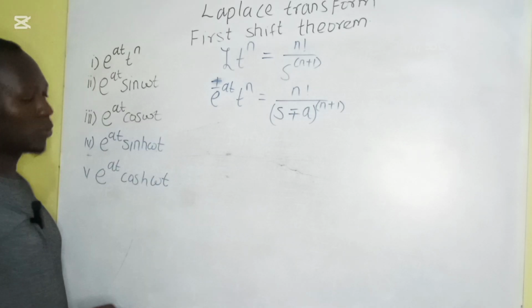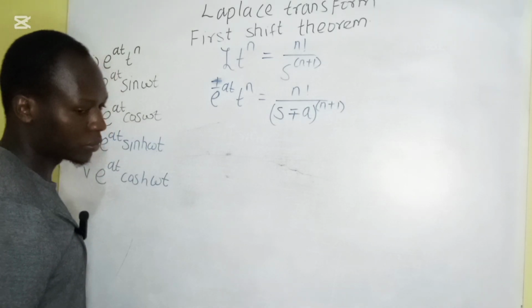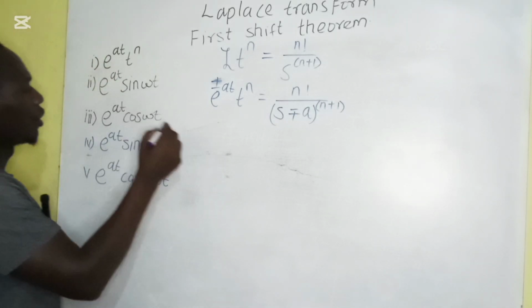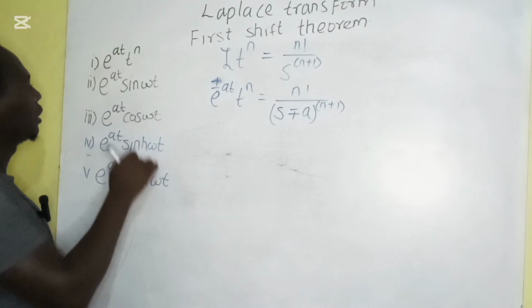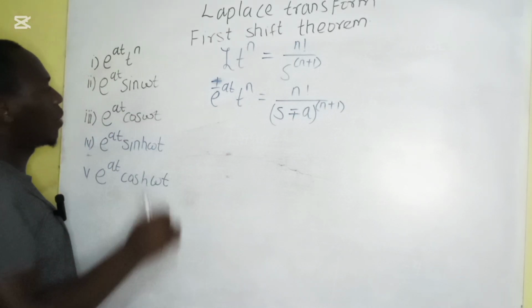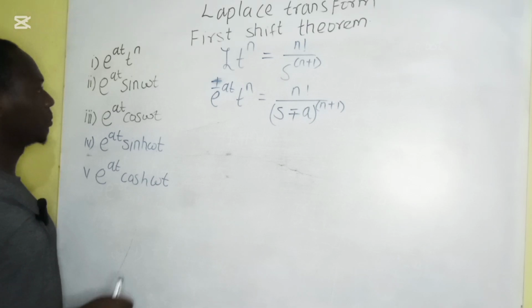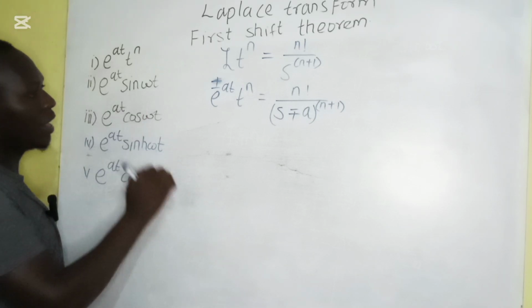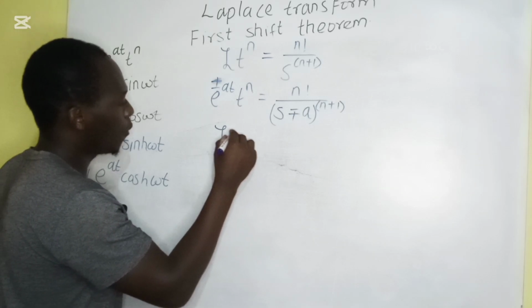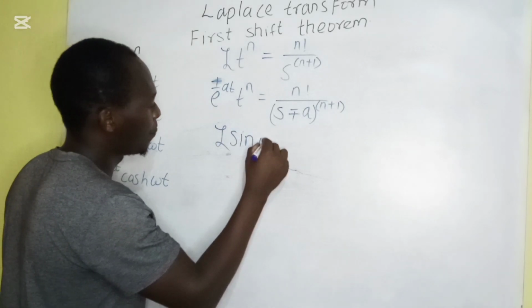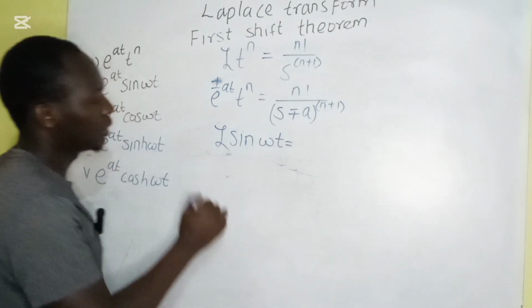Let us now get into our second example. We have exponential of at times sine of our angle t. Here now we come and get the Laplace transform of sine of our angle t.